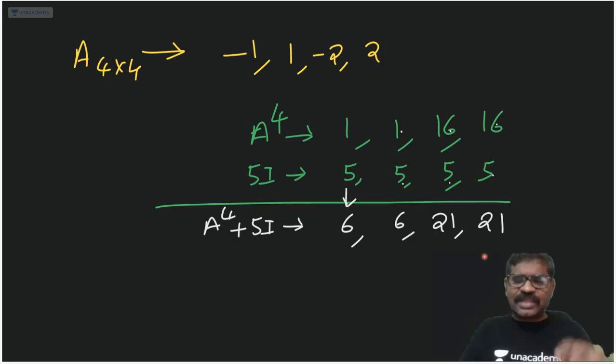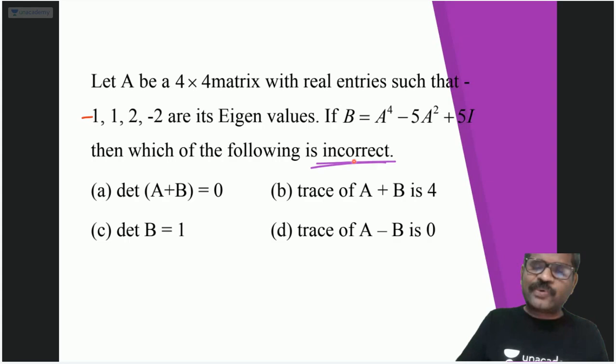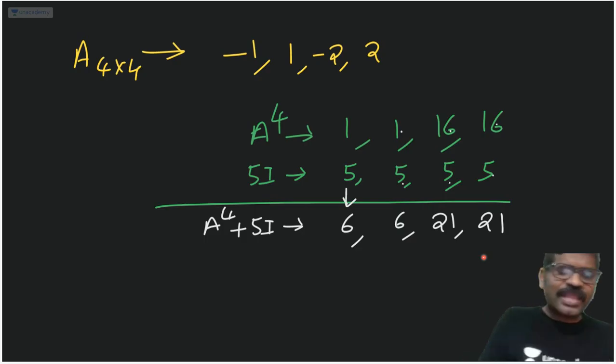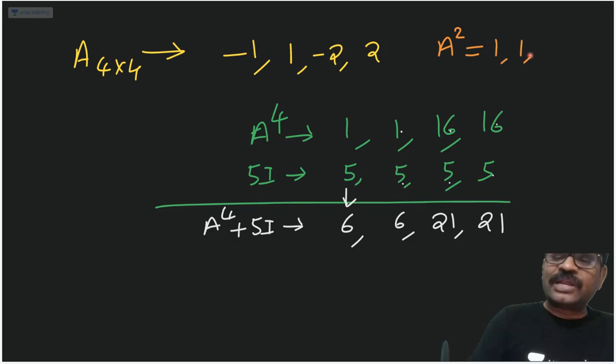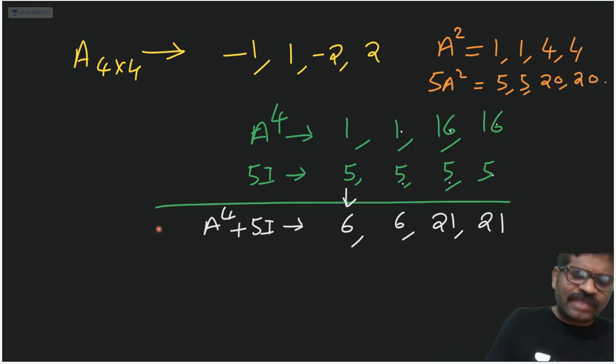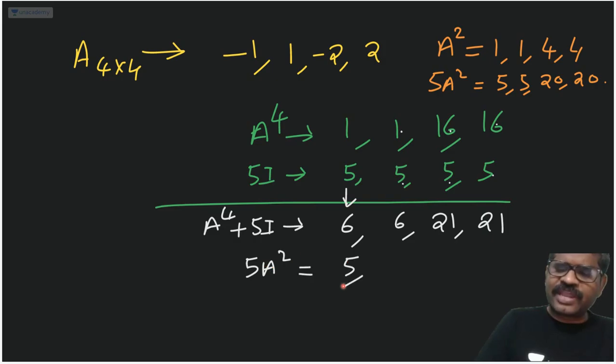These are the eigenvalues of A power 4 plus 5I. Now I have to subtract the eigenvalues of 5A square. So what are the eigenvalues of A square? 1, 1, 4, 4. So 5A square gives 5, 5, 20, 20.